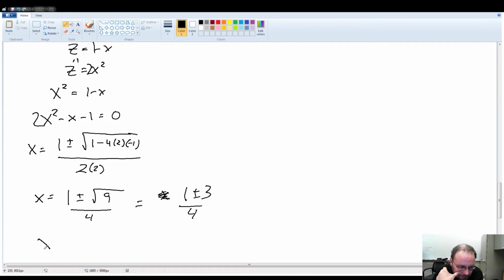All right, so x could be 1, or x could be negative 1/2. What did I do wrong?